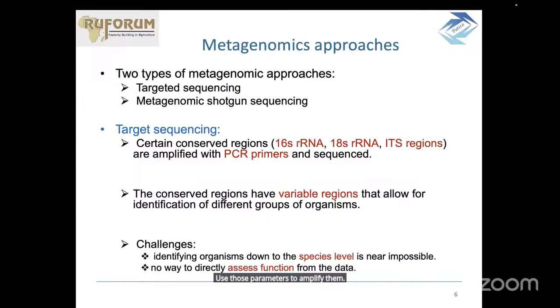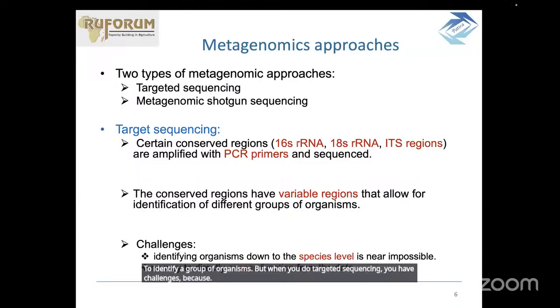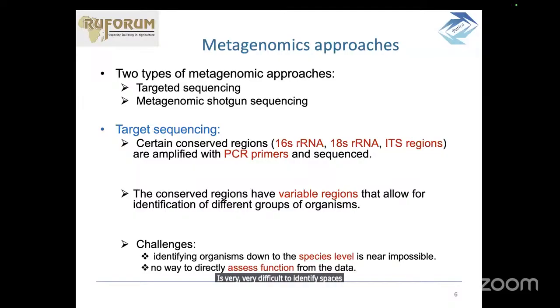They're successful because those markers have conserved regions and variable regions. Those regions allow you to identify a group of organisms. But when you do targeted sequencing, you have challenges, because it's very difficult to identify to species level, since you're dealing with only one part of the genome.